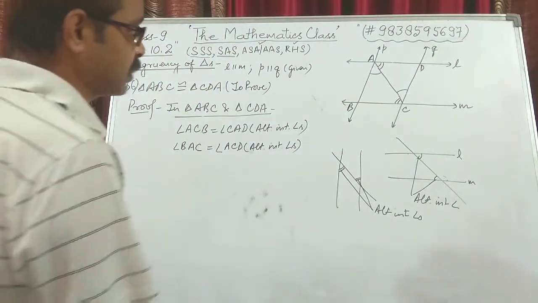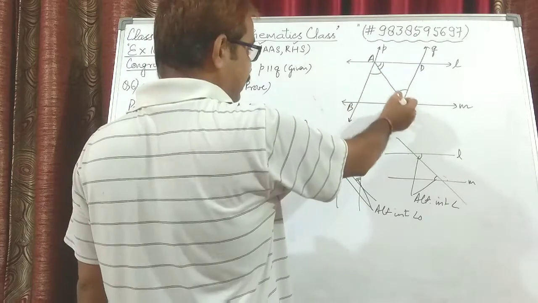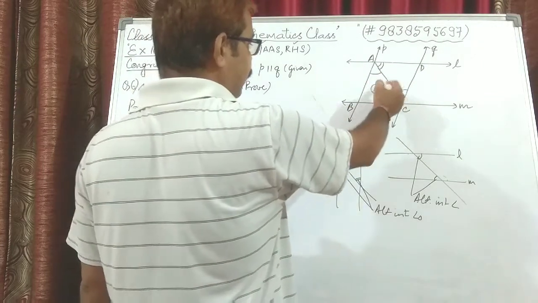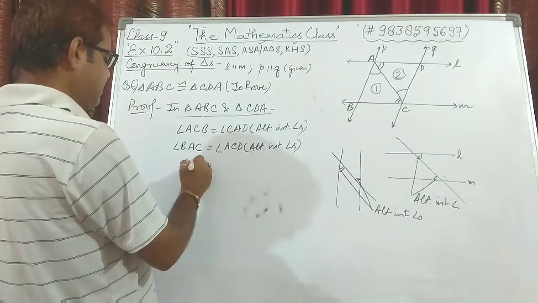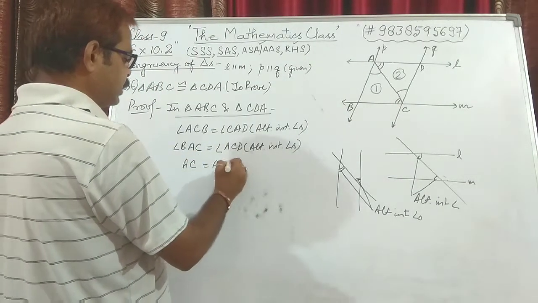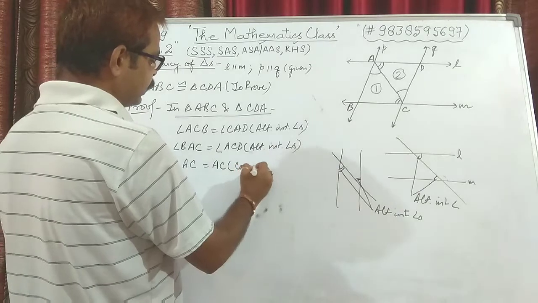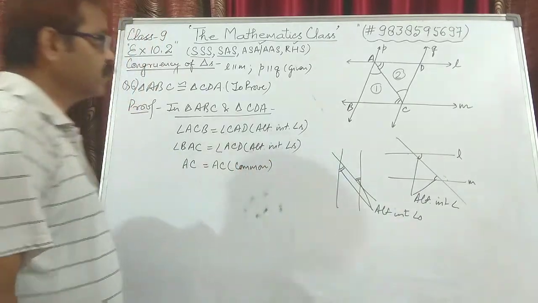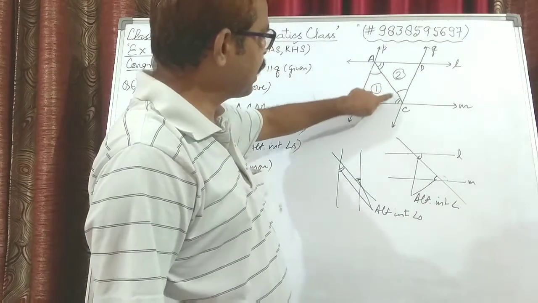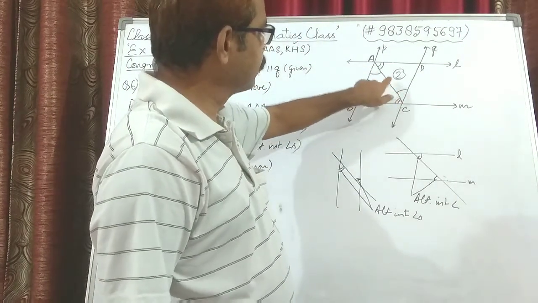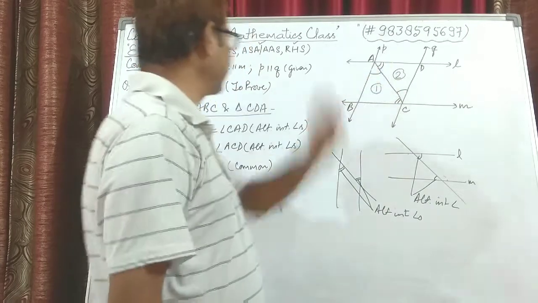Third point, AC is common in the first triangle as well as the second triangle. So we can say AC is equal to AC since it is common. So we got angle, side, angle in the first triangle, and angle, side, angle in the second triangle.